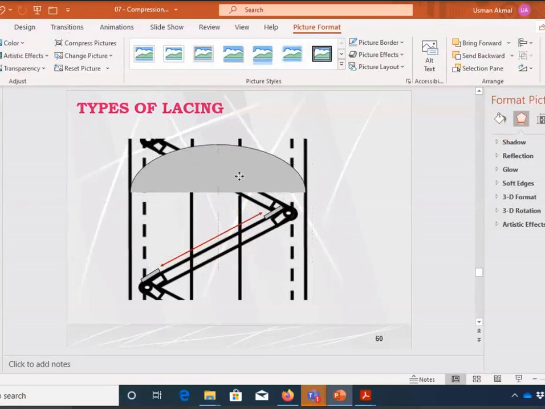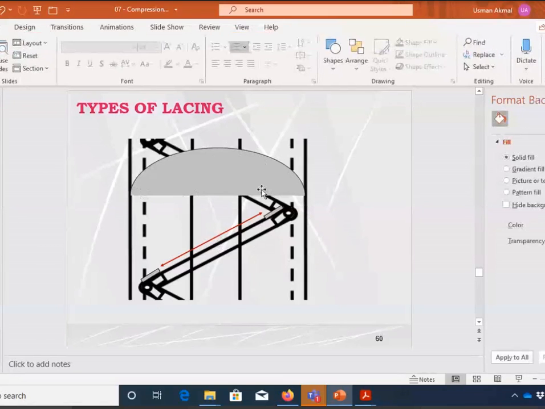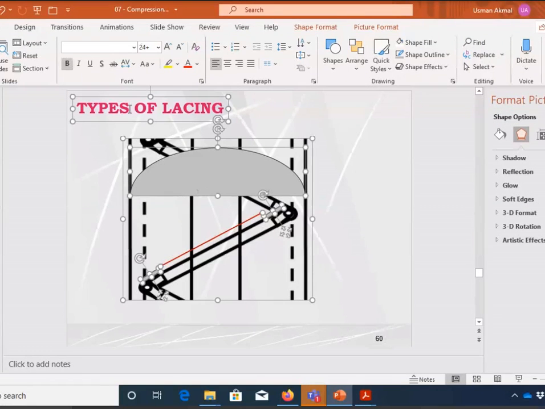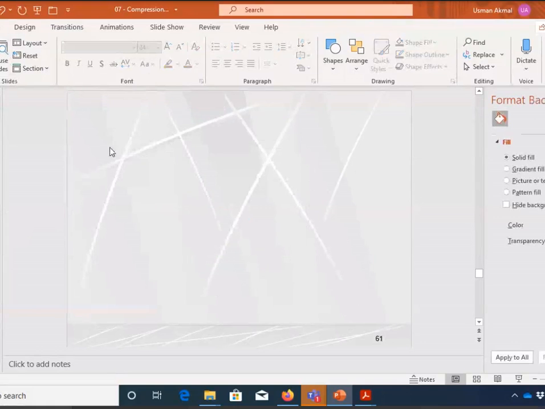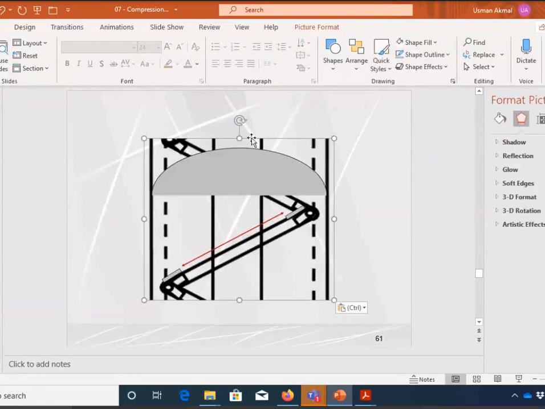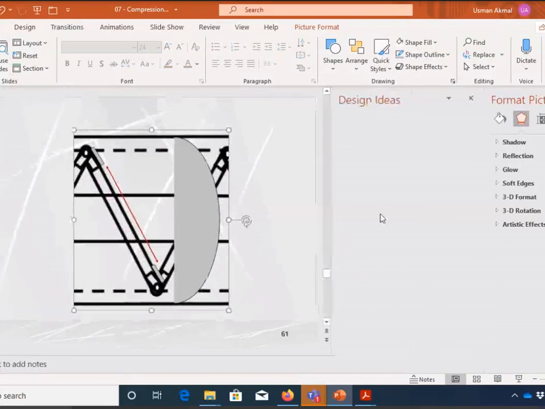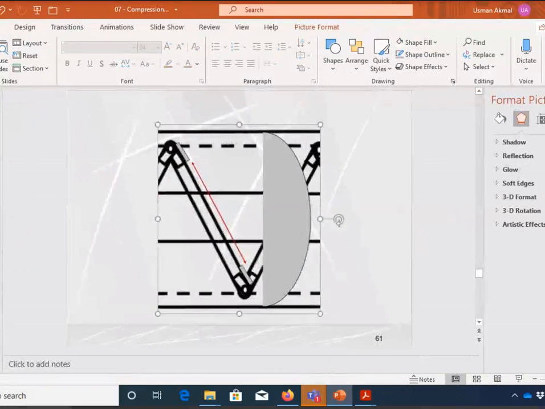So what I want to explain is the distribution of shear stresses. You know that shear stresses are maximum along the neutral axis and they are minimum at the edges. If you invert it, you can consider this this way.